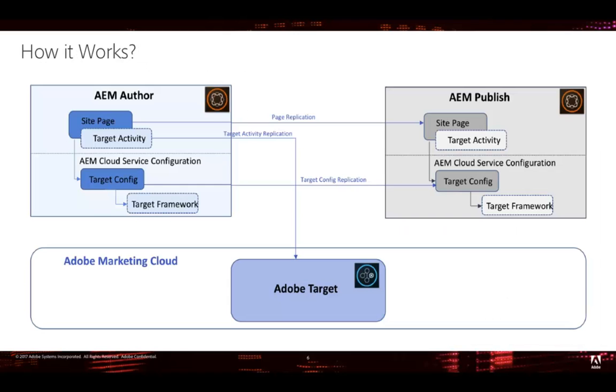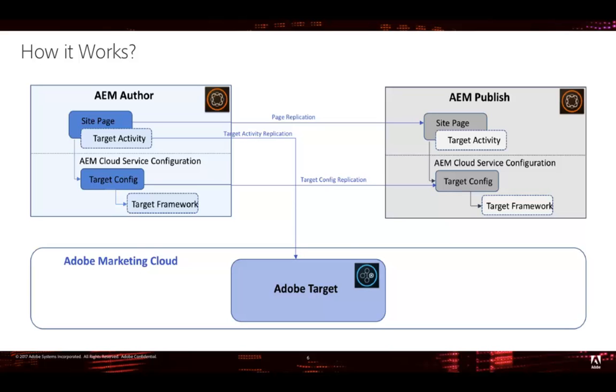Now, how does that work? Let's go into the prerequisites and the details of how this integration works. To make this integration work, we need an Adobe Target access or ID. We should have an AEM author and an AEM publish instance. The AEM author instance replicates all the data to the AEM publish using the AEM replication agent.